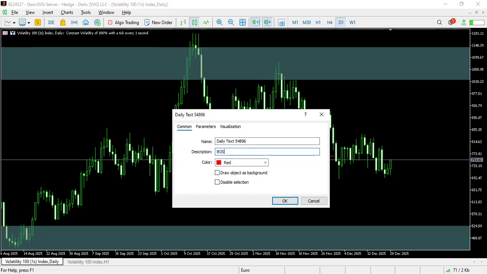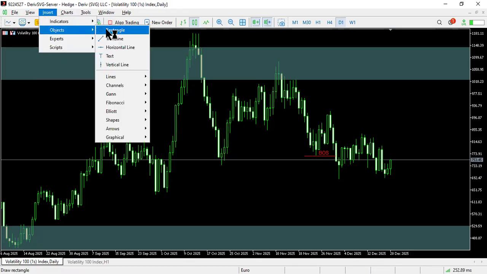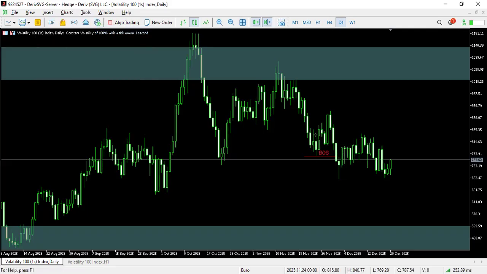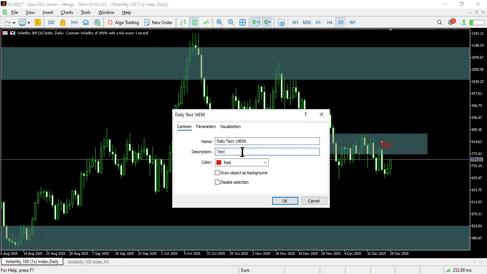And then the other block, which caused that break of structure, is that order block where price has been reacting, and it's looking like price is still going to that order block. So we have an order block.